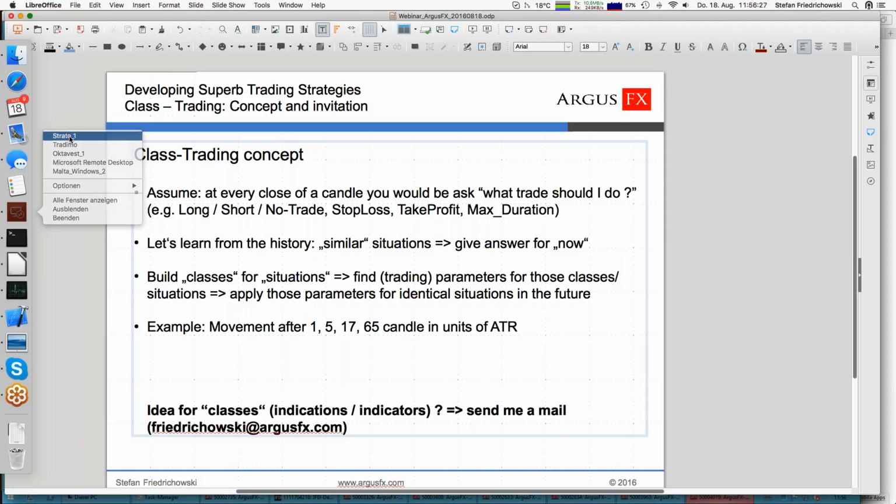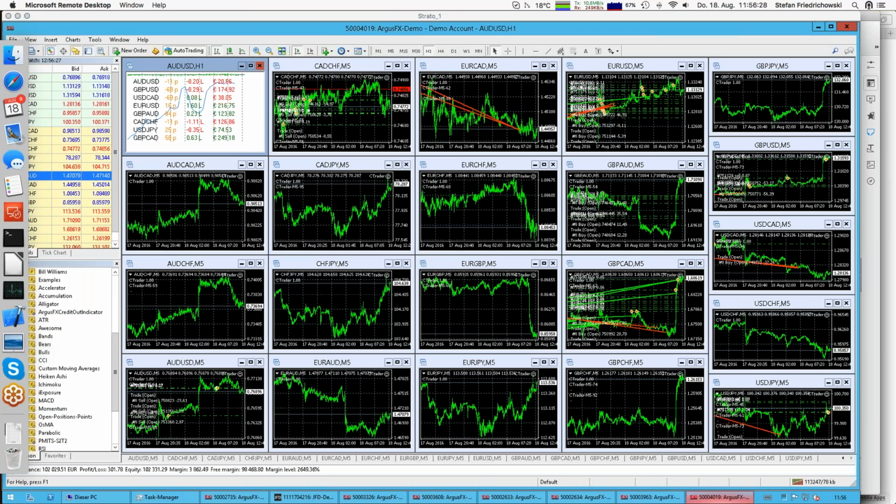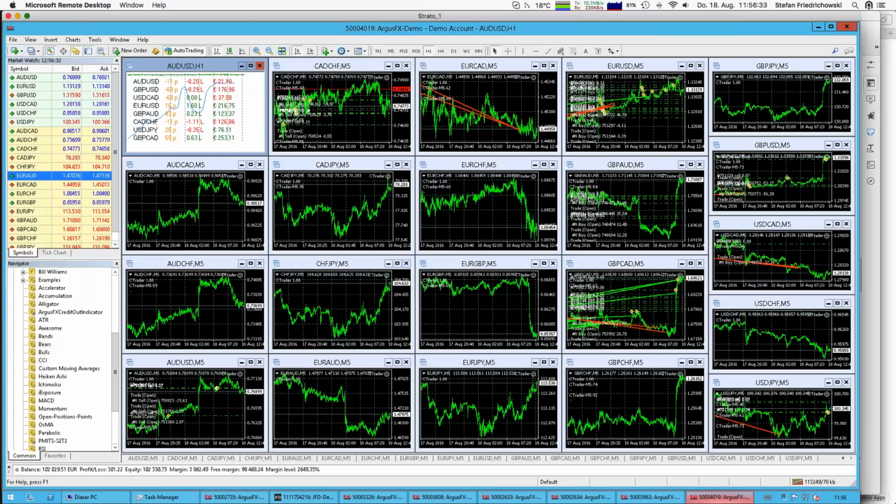Just as an example, because I already trade a strategy with that kind of indication or that kind of base. In this case, it's already done on an M5 case, so I have more candles, more statistics, and I can apply more classes in this case because I simply have more candles. And that strategy is already up and running.